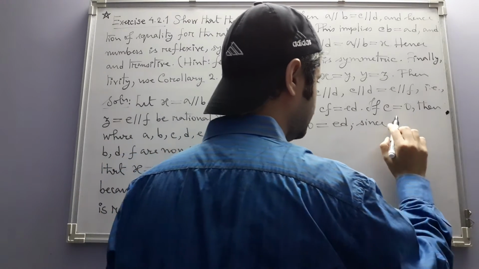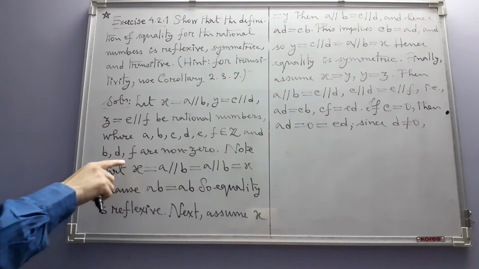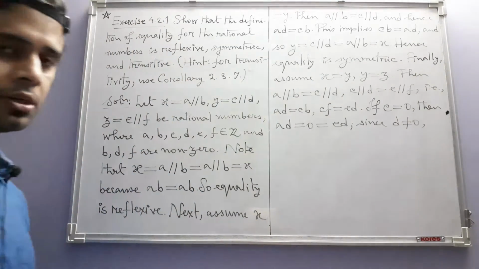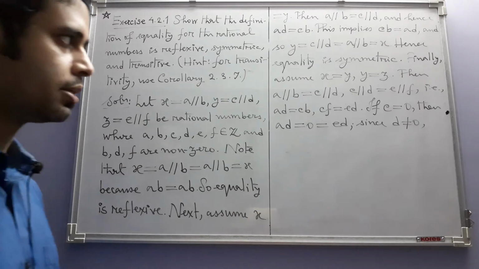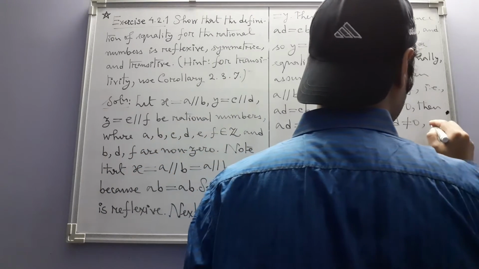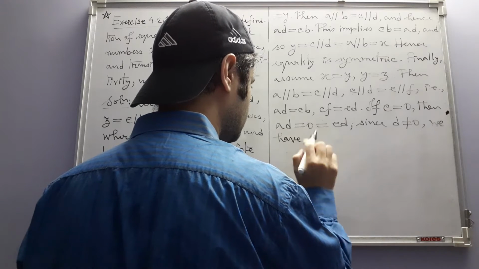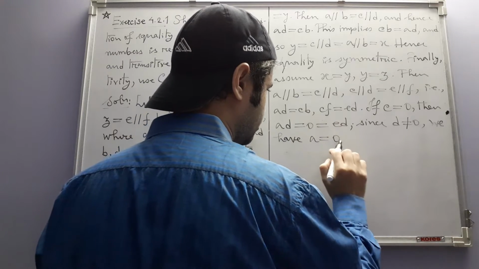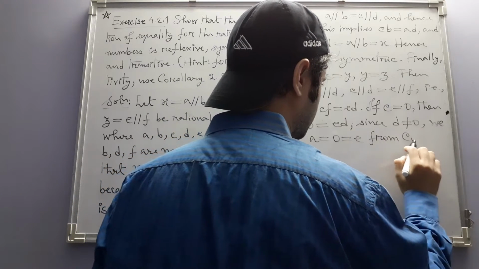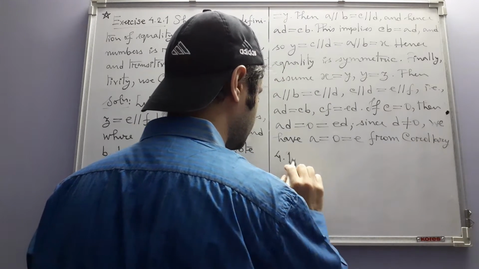Since d is non-zero, from here we already have that a must be equal to 0 and e also must be equal to 0 because the integers lack 0 divisors. In fact, the specific result is corollary 4.19. We have a equal to 0 equal to e from corollary 4.19.